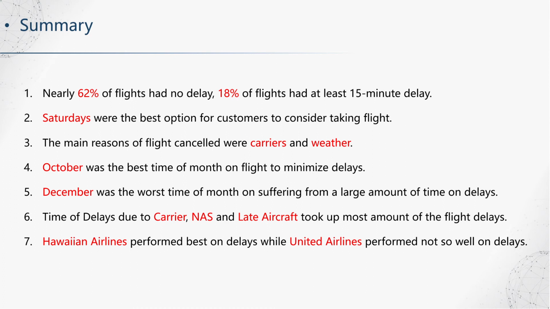December was the worst month, suffering from a large amount of delay time. And delays due to carrier, NAS, and late aircraft took up most of the delay time. Hawaiian Airlines performed best on delays, while United Airlines performed not so well on delays.